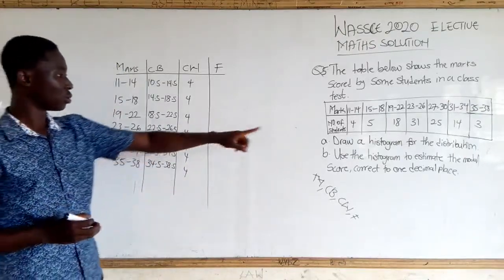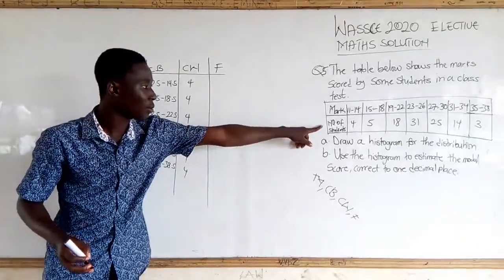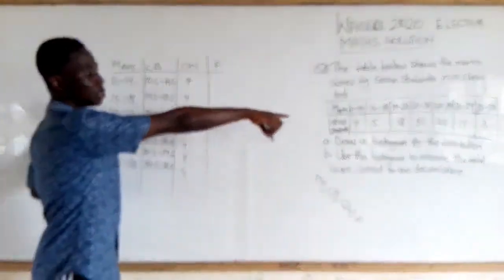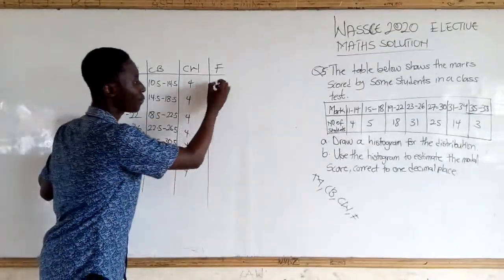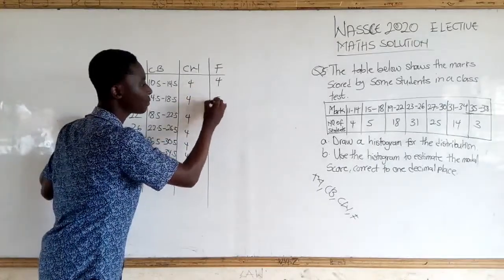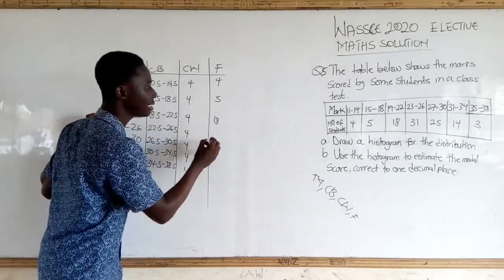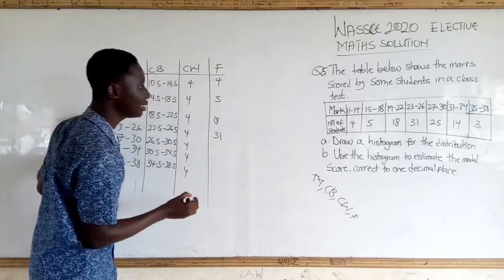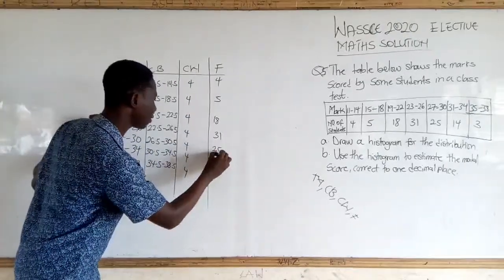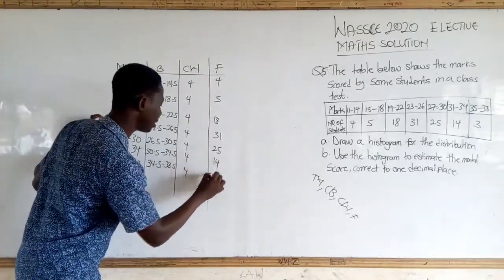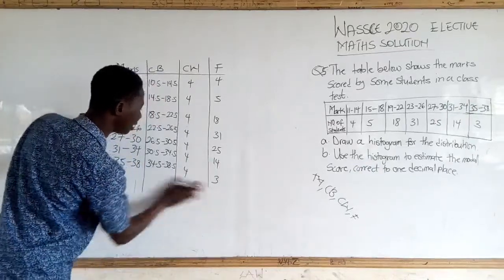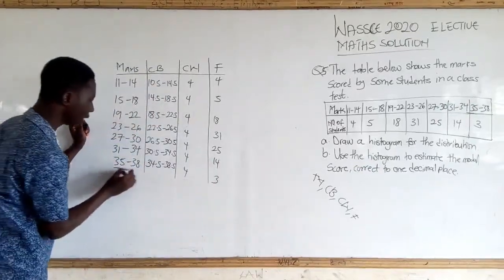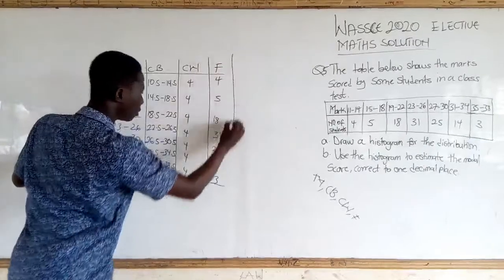Now we move on to the frequencies. Frequencies are what is written over here, the number of students: 4, 5, 18, 31, 25, 14, and then 3. So this is our frequency distribution table.